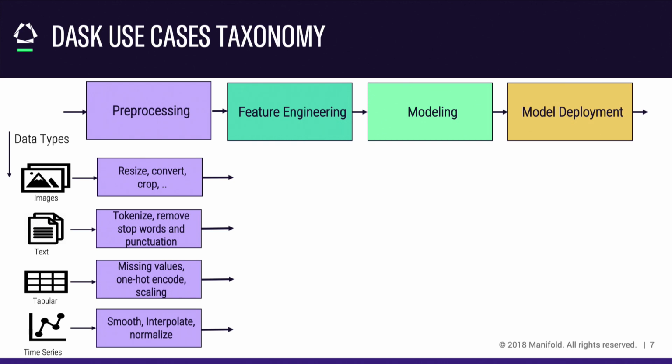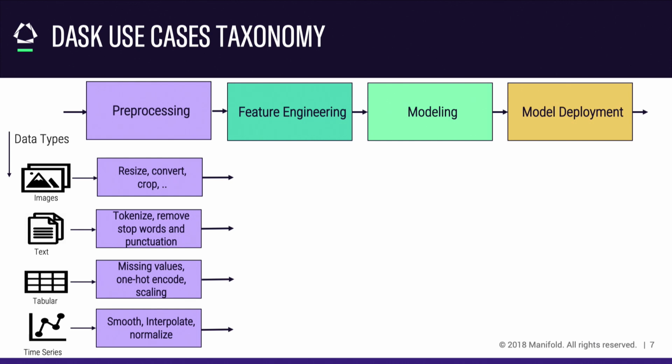So, for example, in the pre-processing stage, if you look at text, the second one here, a very common operation is tokenization. You take a large number of documents and text data you want to tokenize, which is to say extract words out of it, and then you want to clean it, remove the punctuation maybe.